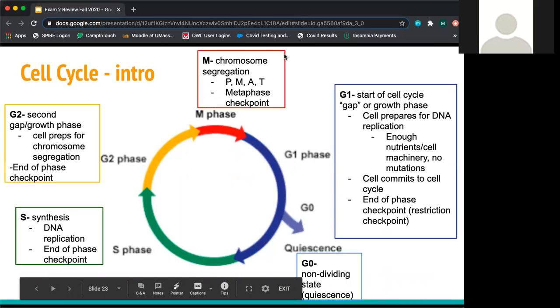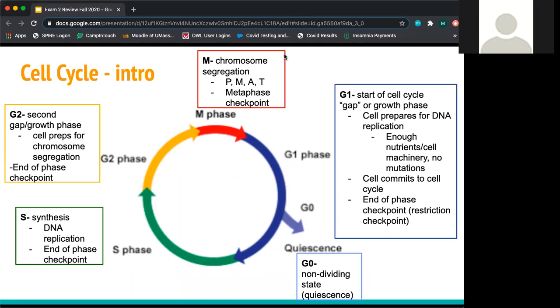All right, let's get started. So this is just an introduction to the cell cycle. We pretty much start at G0, and G0 is a non-dividing state in the cell. These are cells that have previously completed the cell cycle, so they need a certain amount of growth factor before they can enter G1 phase.